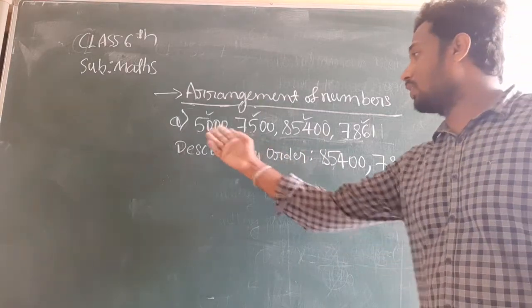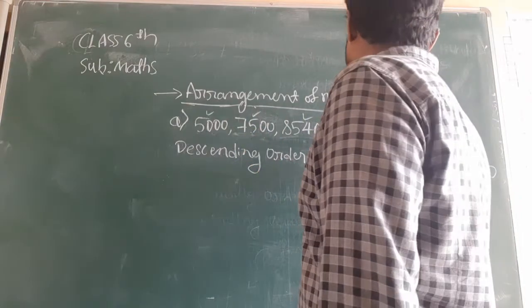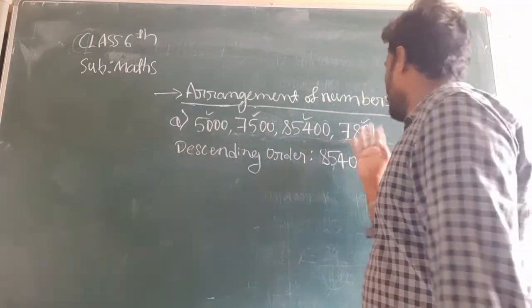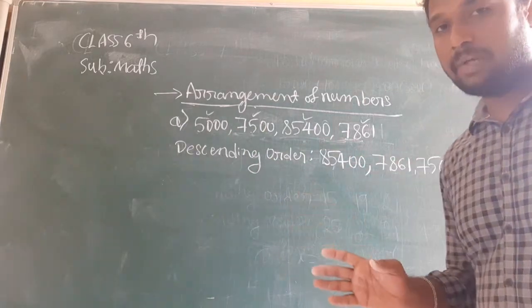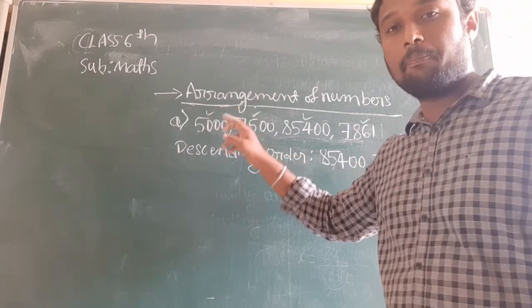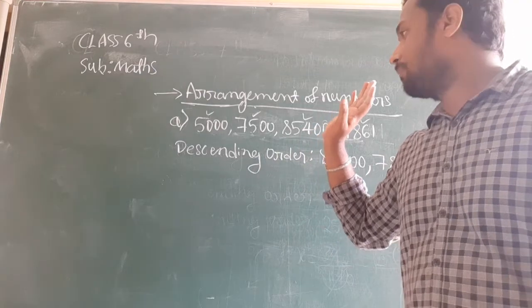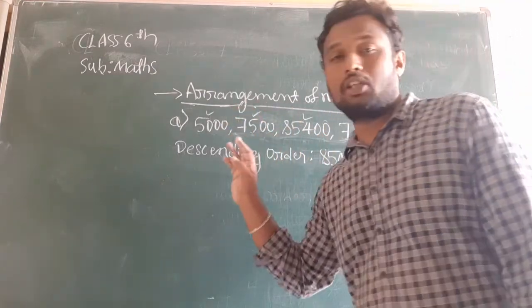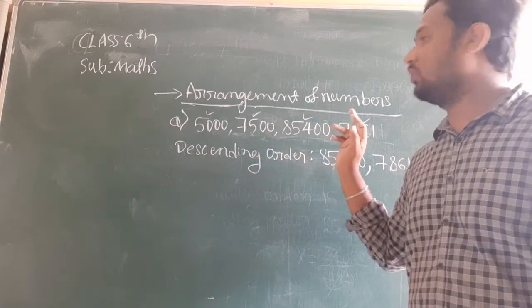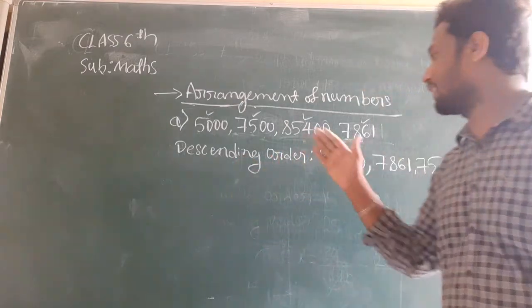But when it comes to the other three values, you can see all the numbers contain only 4 digits. So how to compare? Remember this very carefully. You have to always compare the highest position value first. If the highest position value is equal, then you have to compare with the hundreds position, meaning the next position value.